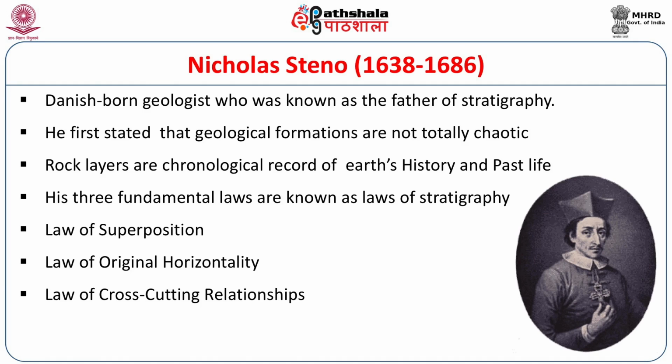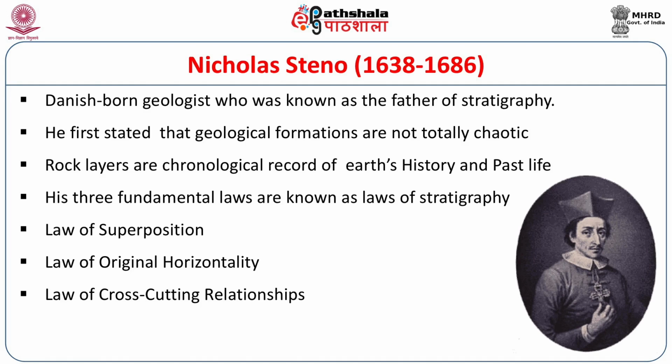He observed that geology is not totally chaotic. He said rock layers are a chronological record of Earth's history and past life. By systematically and carefully observing, we can find a relationship and system in the formation of soil layers. That's the main argument.